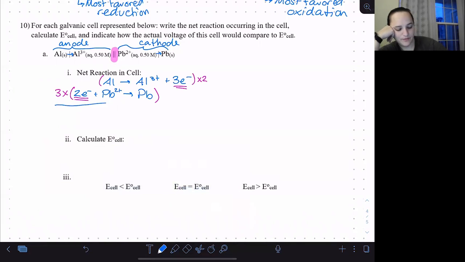in our net reaction. So when we do that and we add them together, we're going to have 2 aluminum on the left and 3 lead 2+ on the left.